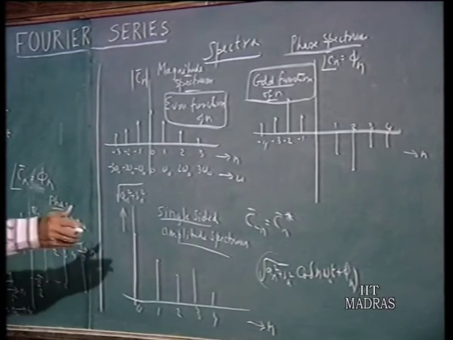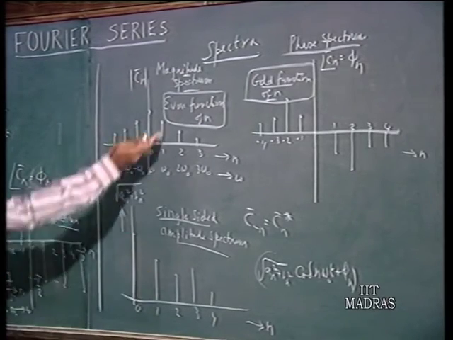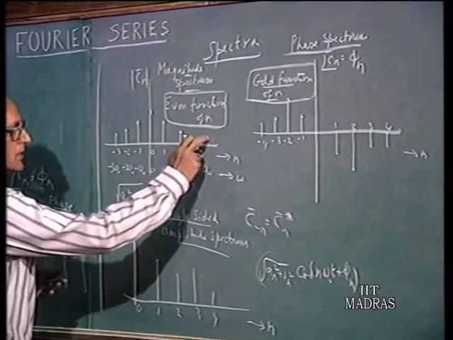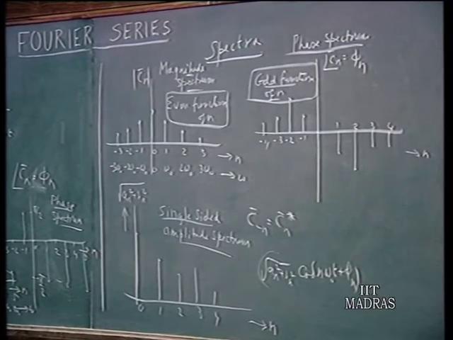Therefore, this turns out to be a single-sided amplitude spectrum. This is an alternative way of plotting the magnitude spectrum, nothing more than this. However, we normally confine our work to plotting the spectra in this manner rather than in this manner, because that will be convenient for us when we go to the Fourier integral concept.